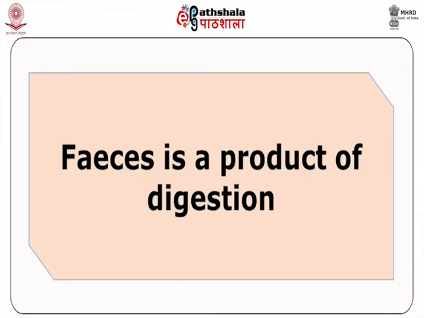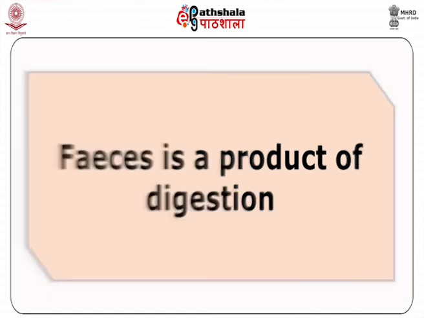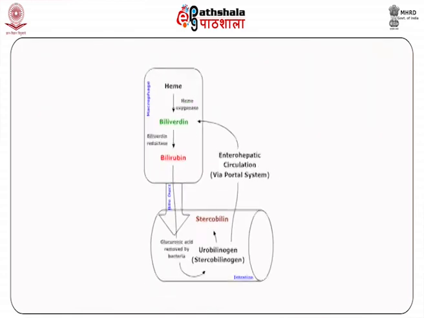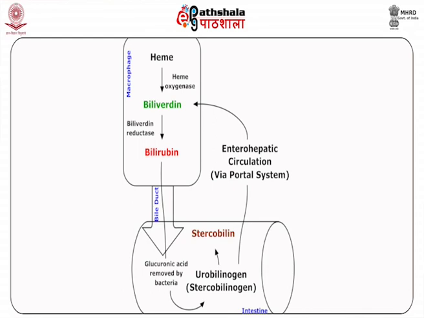Feces is a product of digestion. It is composed of digested waste, undigested food, cells, organic degradation products such as indole and scatole, etc. In addition, feces also contain urobilinogen, which is a colorless product of bilirubin reduction.